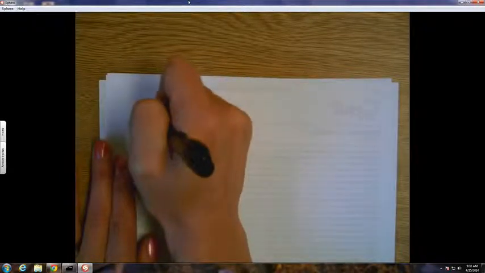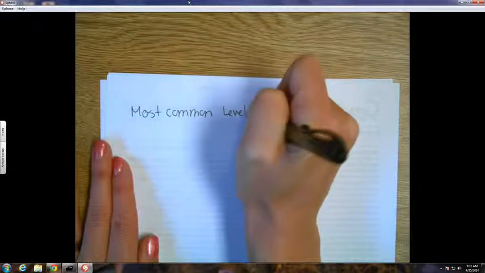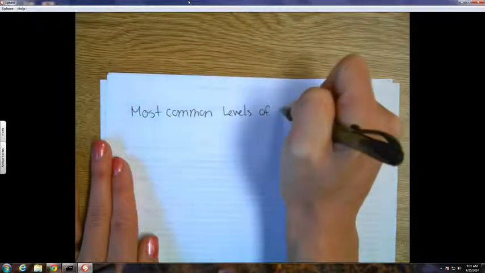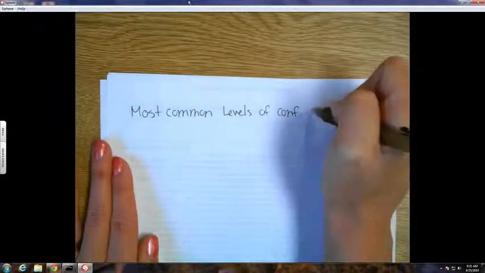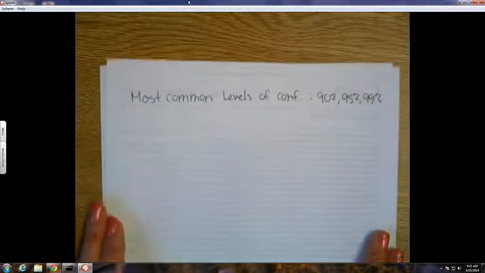So, most common levels of confidence, 90%, 95%, and 99%. And remember, what we're talking about is our sampling distribution curve.